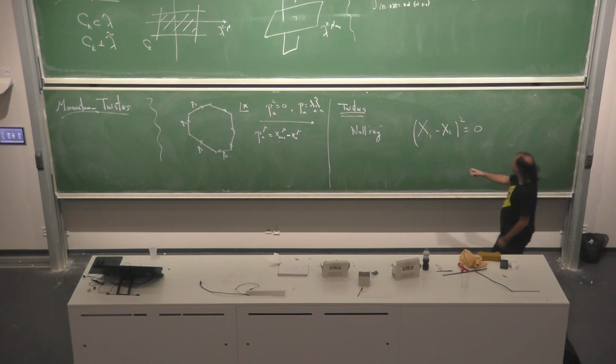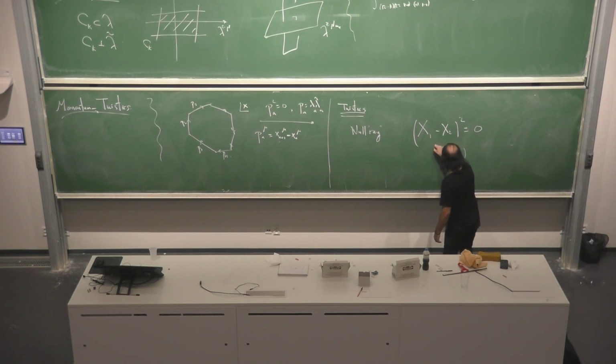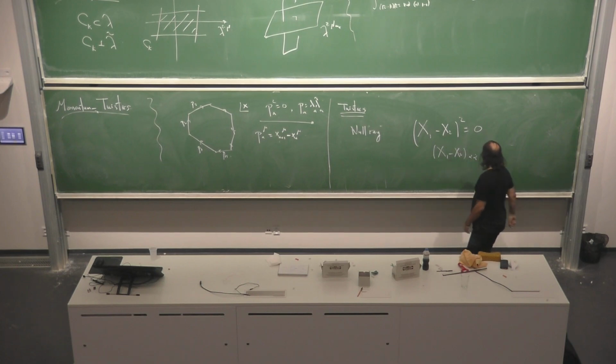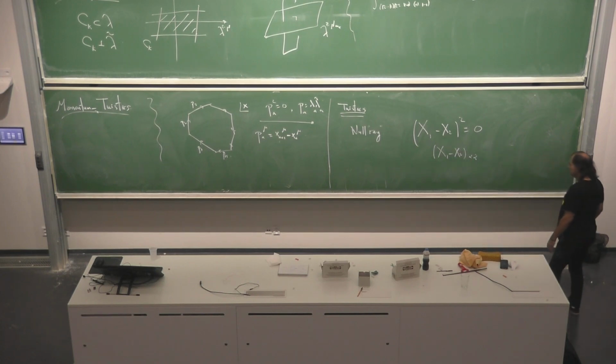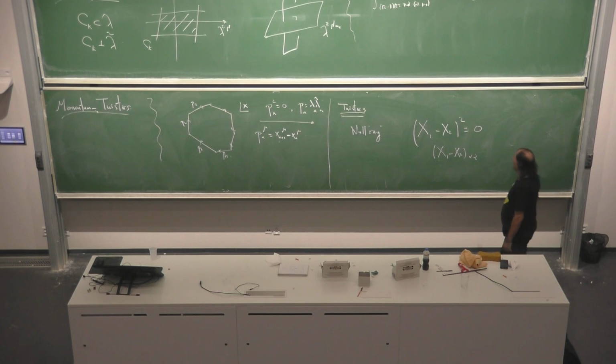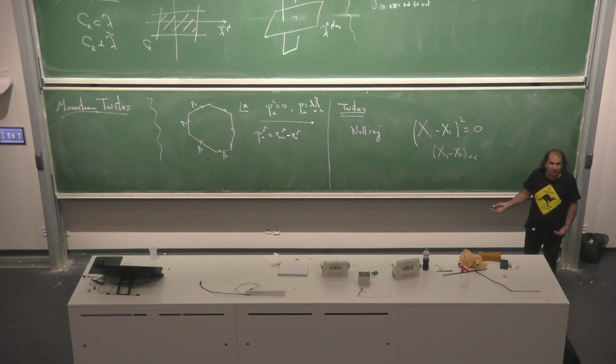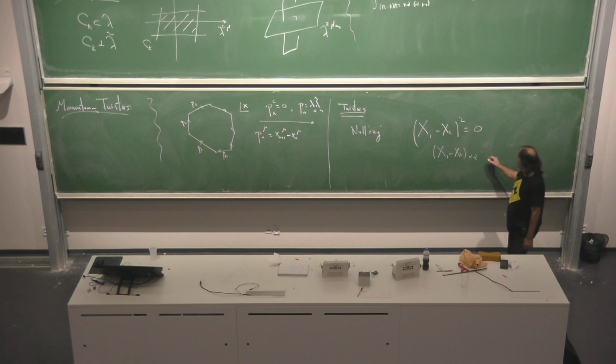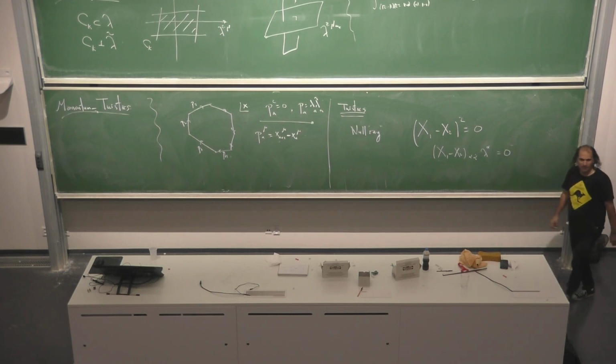Now, this means that x1 minus x2, if I think of it as a 2 by 2 matrix, x_{alpha alpha dot}, has a vanishing eigenvector. So there is some lambda for which this is true.